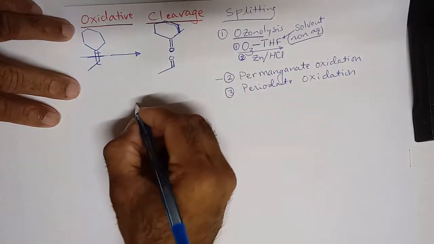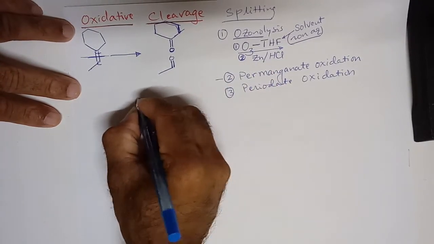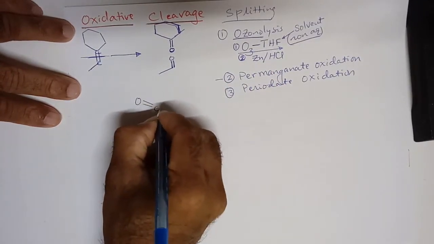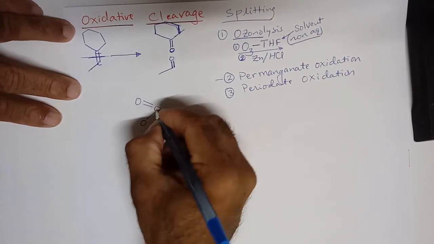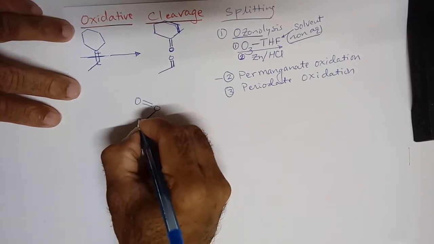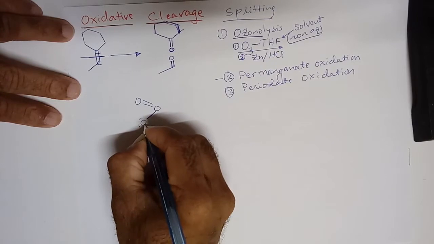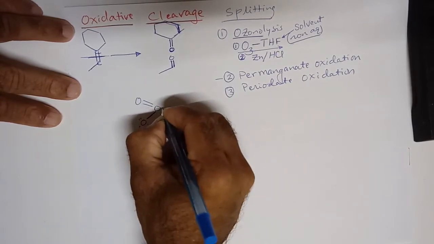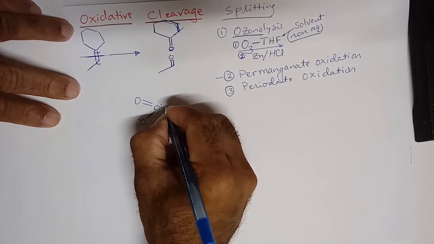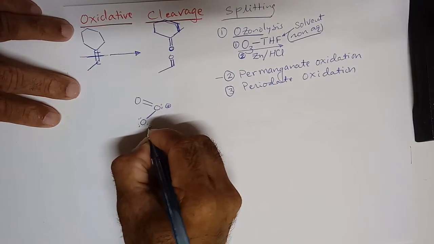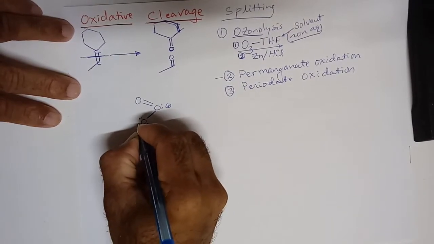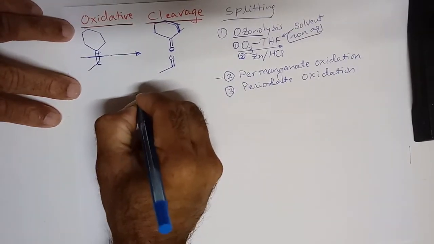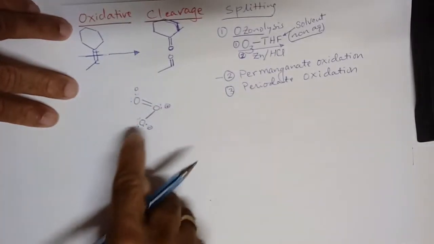So let's look at ozonolysis. Look at the structure of ozone. Ozone looks like this, and it resonates, because here we have a plus charge on this one and a minus charge on this one as formal charges, and neutral zero on this one.